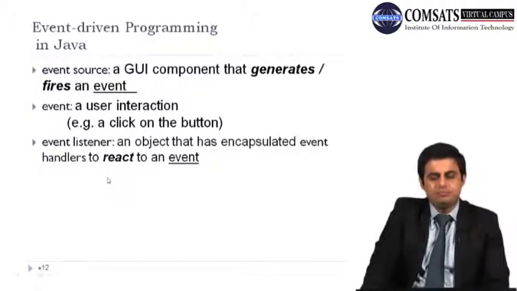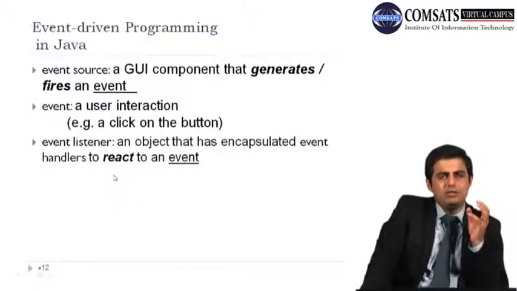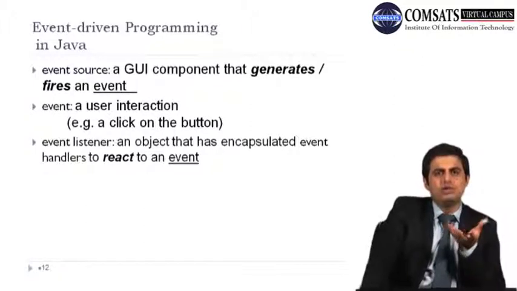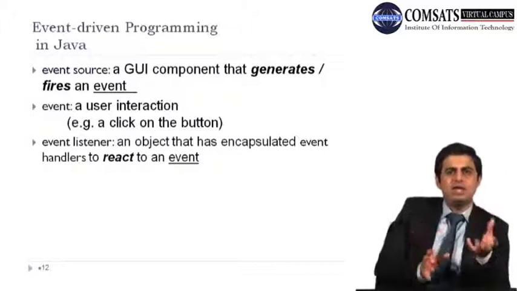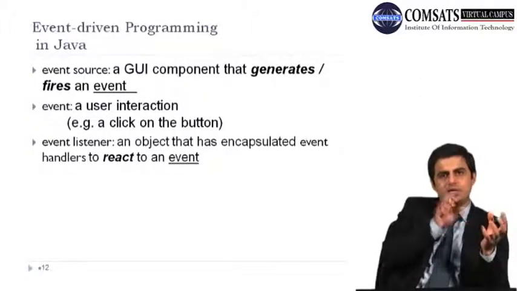Event listeners will keep looking at that component. They are basically observers. If you have studied design patterns, which we are going to cover in the next lectures anyway, you will see the observer pattern is used. The purpose of the observer pattern is that you have two classes, the observee and the observer. The observer looks at the observee for any changes.